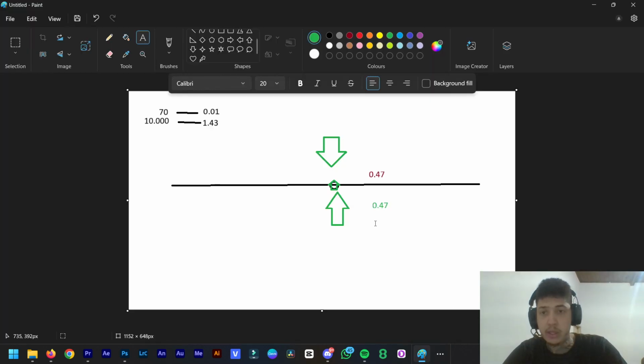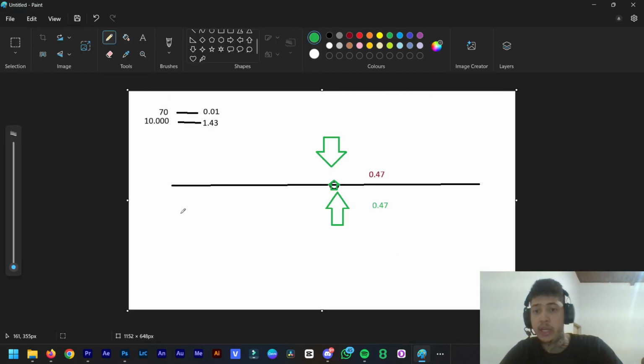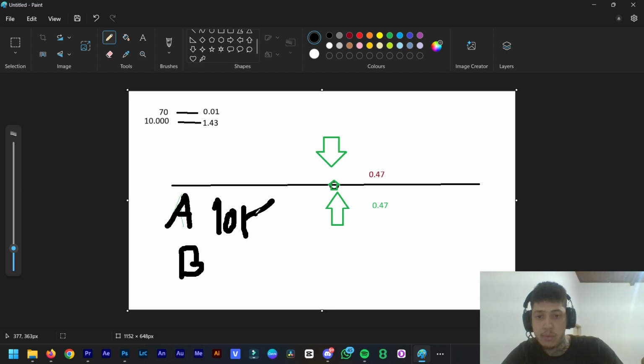Let me go back here. Can I make it a little thicker? Yeah, so on account A, you have 10K. Sorry for this horrible drawing. On account B, I have 40K.